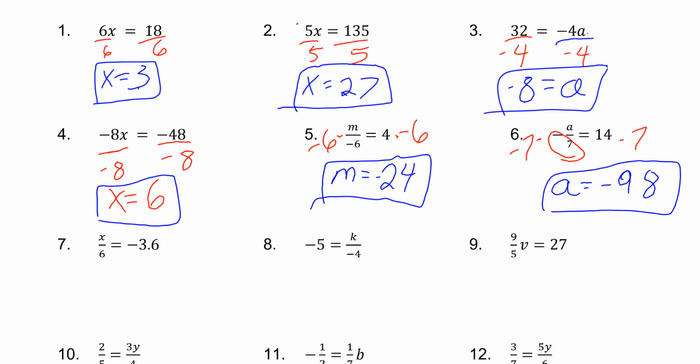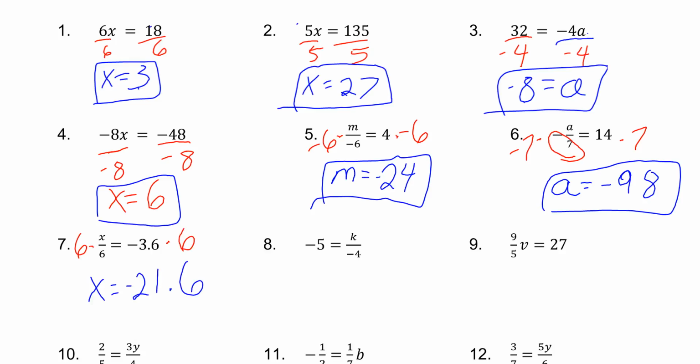So next question, we've got number 7. We're going to multiply by 6 on both sides. And then 6 times 3.6 is 21.6. So we got x equals negative 21.6.